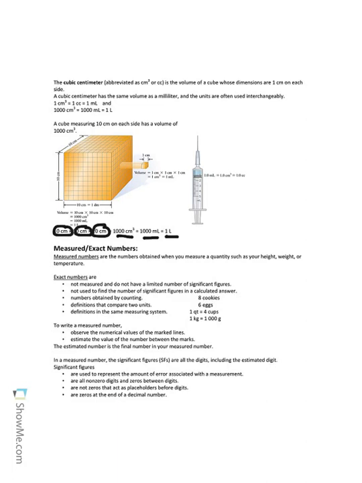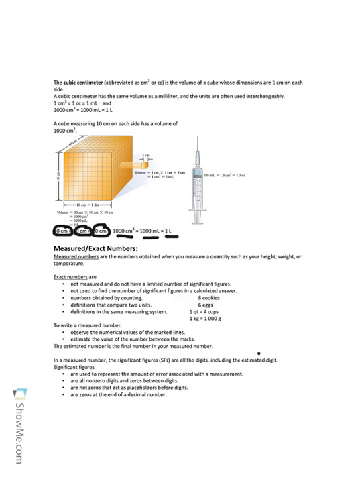Measured numbers are numbers that you have actually measured, whether you yourself specifically measured them or an instrument measured them for you. In order to measure something, you would observe the numerical values of the lines, and estimate the value between the marks. The estimated number is the final number in your measured number.